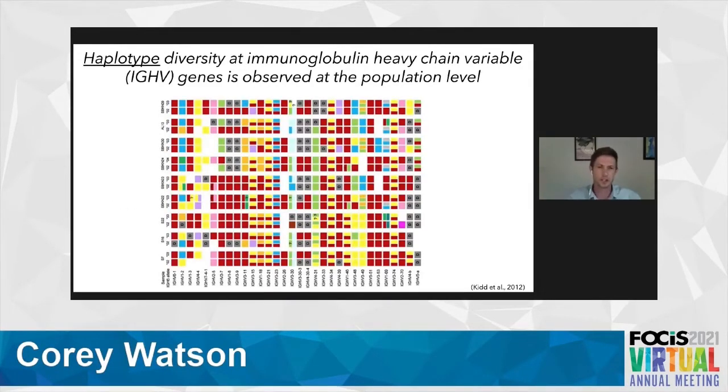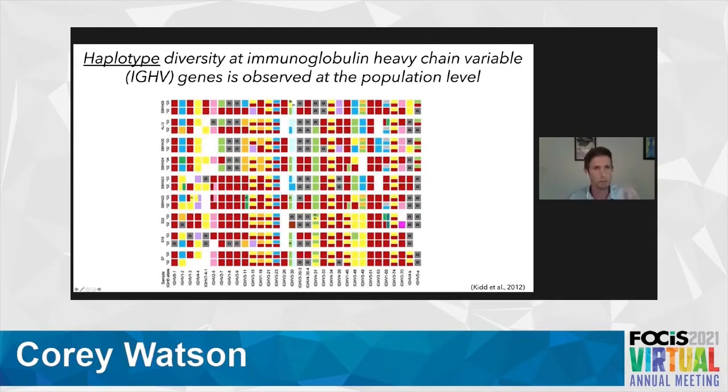So when you take this allele diversity and structural complexity and put it together in people, you basically see that most of us are walking around with different haplotypes, characterized by different alleles and different structural variants.